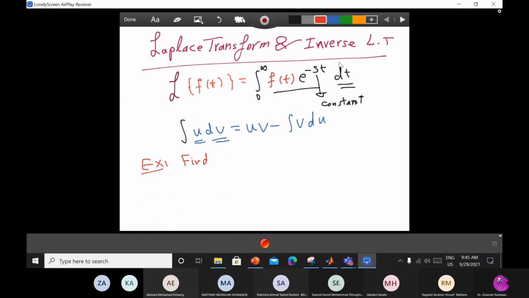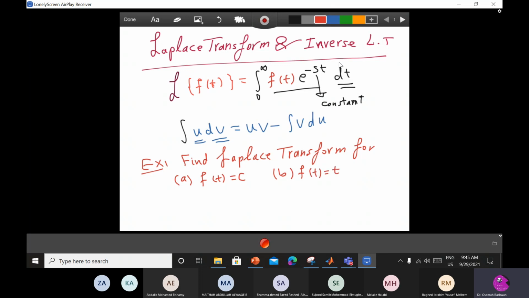Find Laplace transform for section A, f of t equal to constant C. Section B, f of t equal to t. Section C, f of t equal to e to the at.